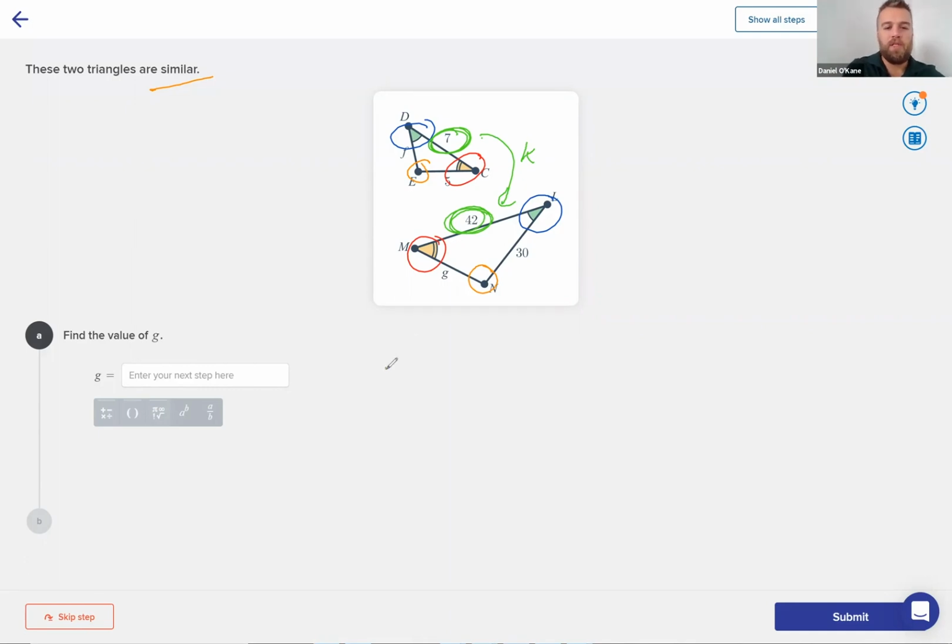So if 7 times k is equal to 42, that means k must equal 6, because 6 times 7 is 42. So that scale factor is 6, so we can use that now to find g.